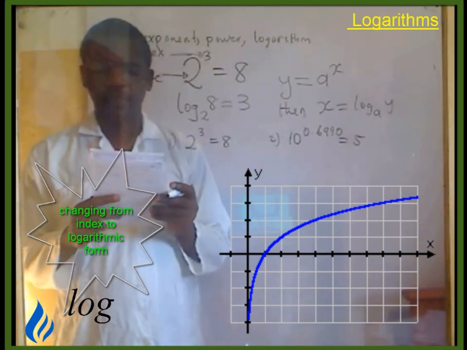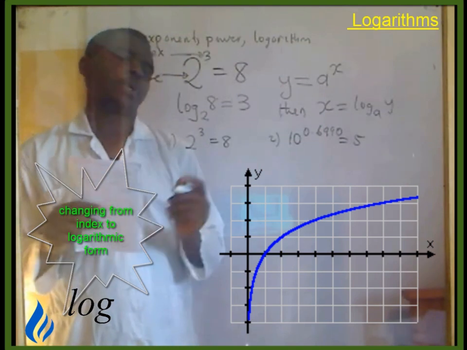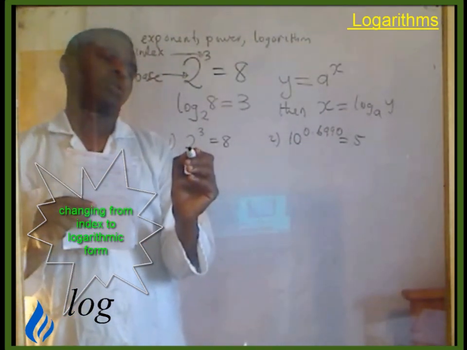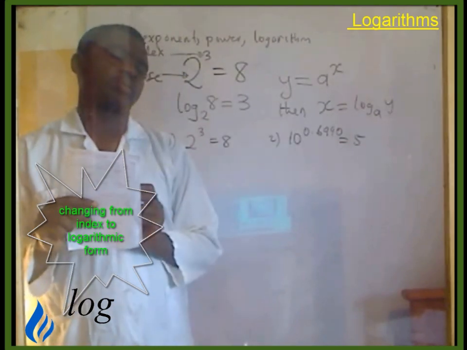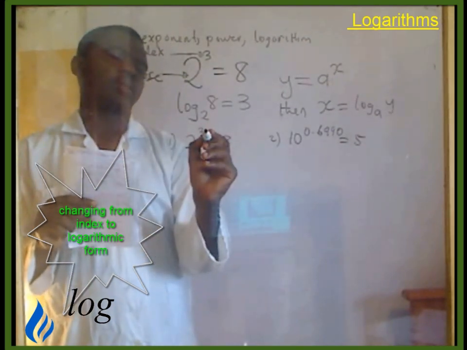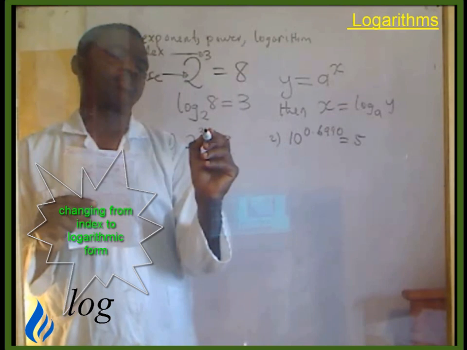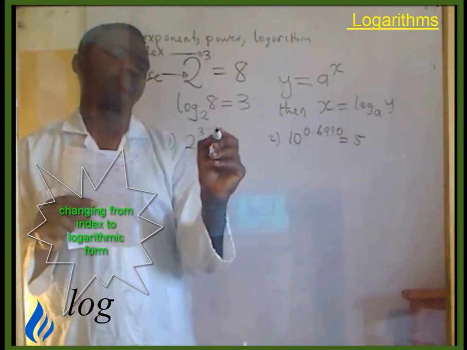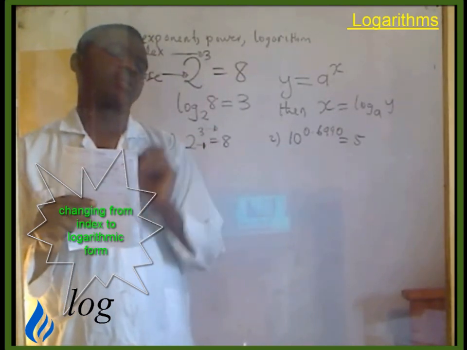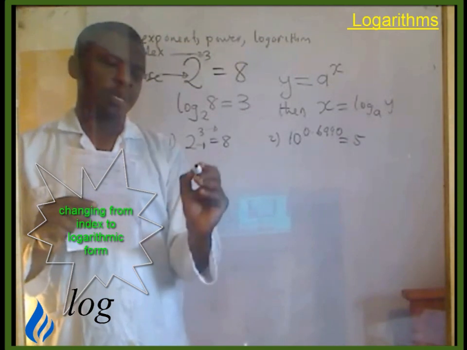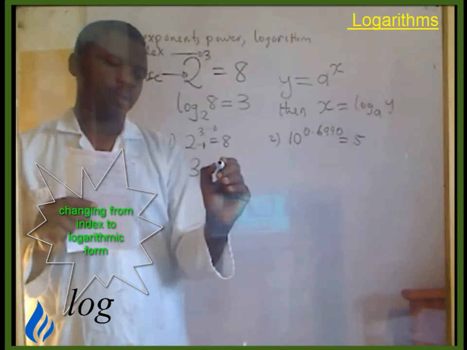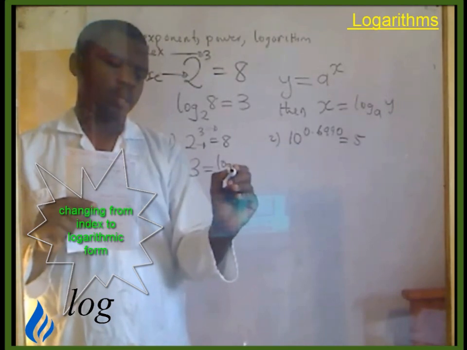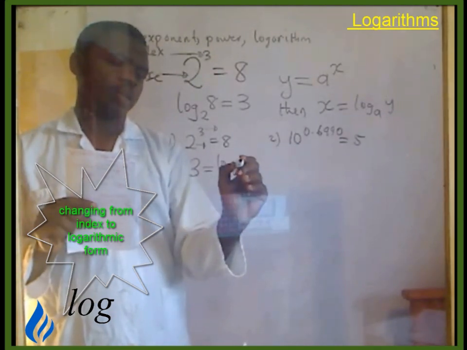Write down the following in logarithmic form. This is 2 raised to the power 3 is equal to 8. This is our index or logarithm, and this is our base. So what are we saying here? We're saying that our logarithm 3 is equal to log to the base 2 of 8.